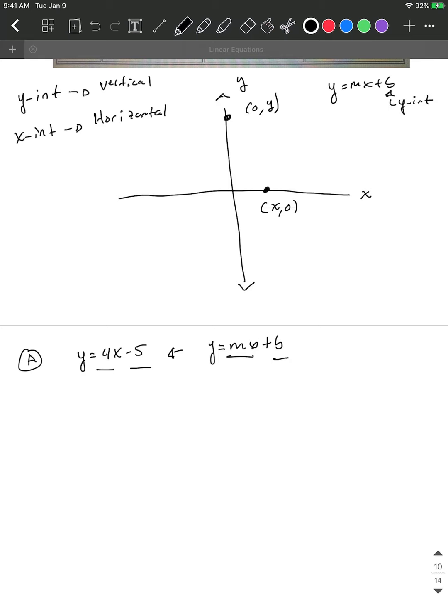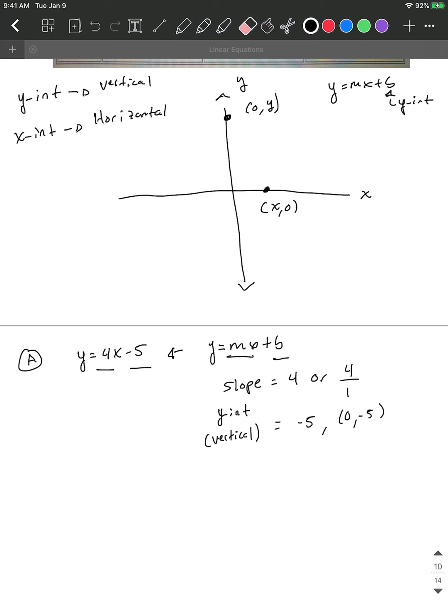So we would say slope is equal to 4, or you can write 4/1, whichever you prefer, fractions or whole numbers. Next, the y-intercept, which is the vertical, we can list as -5, or 0 comma -5.